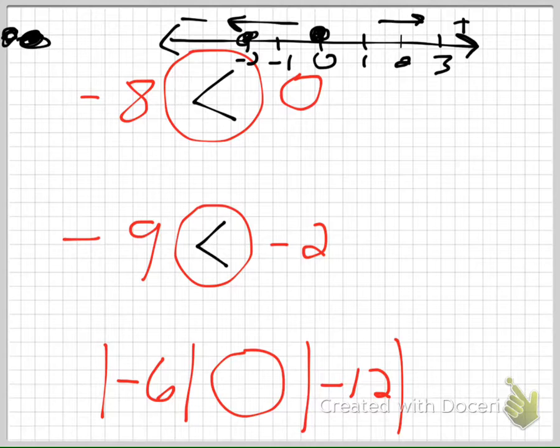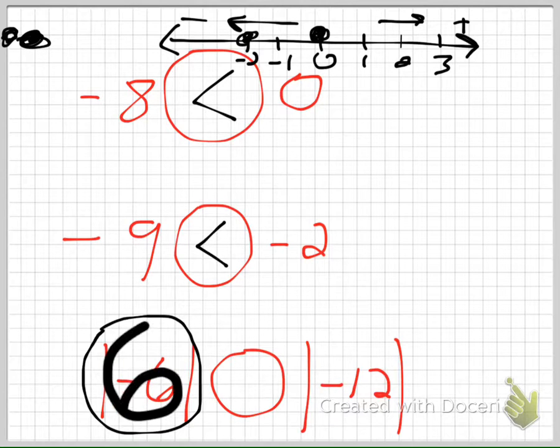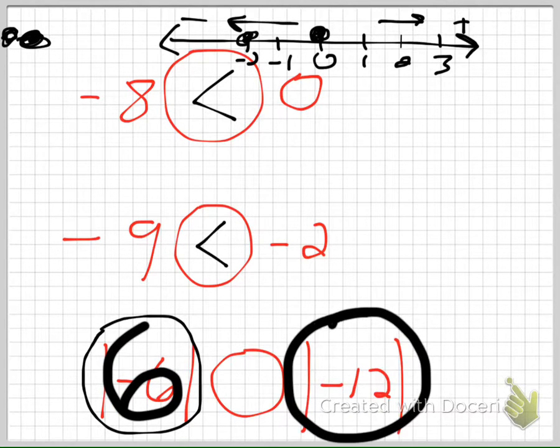Okay. The last one, the tricky one. Here's the deal. They're both absolute values. What is this side equal to? 6. This side is 6. What is this side equal to? 12. Which is bigger? The absolute value of -6 or the absolute value of -12?